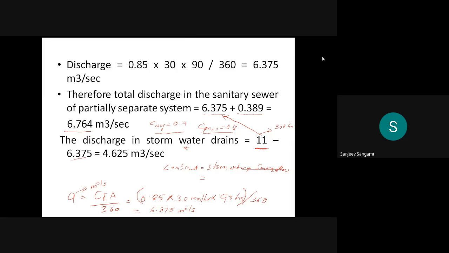Dividing by 360, we got 6.375. The total was 11. If we calculate the total storm water in the partial system followed by the sewage, we get 6.764. The remaining 4.625 meter cube per second comes from the remaining areas.